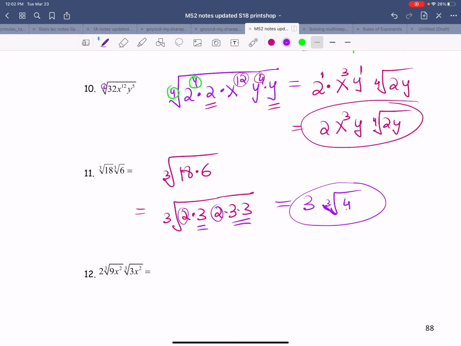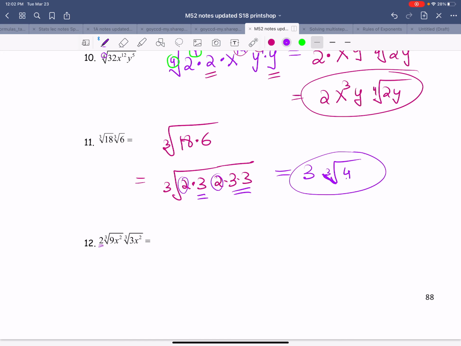Okay, next example. Now the 2 in the front is a coefficient. It's not the number in the pocket, so treat it like a coefficient. And I'm going to write it as a single cube root of 9 x squared times 3x squared. 2 times cube root. 9 is 3 times 3, and x times x, 3 times x times x.